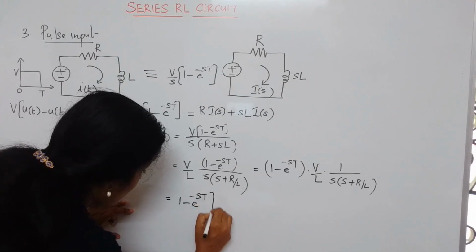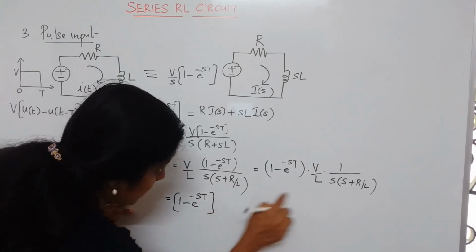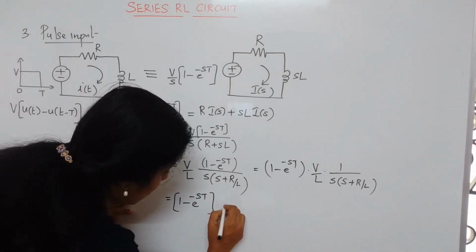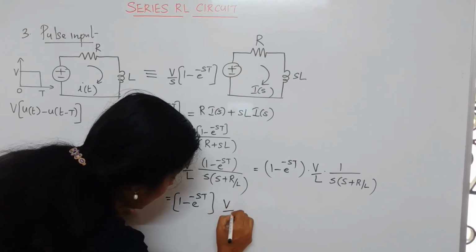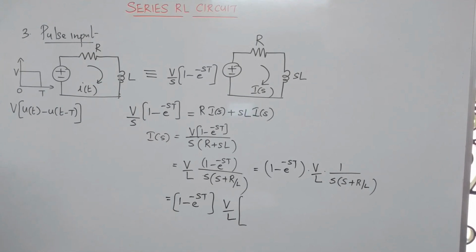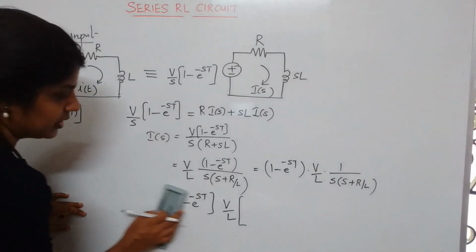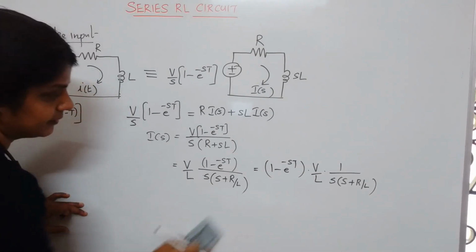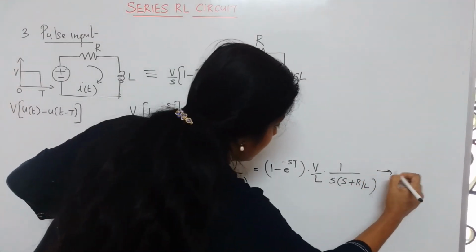This is 1 minus e raised to minus sT into this we got as V by L. Let this be equation number 1.